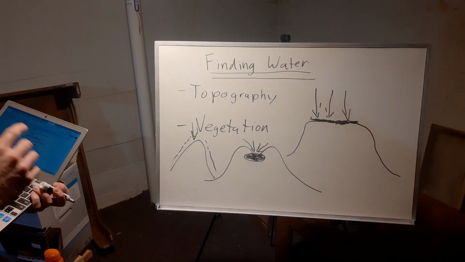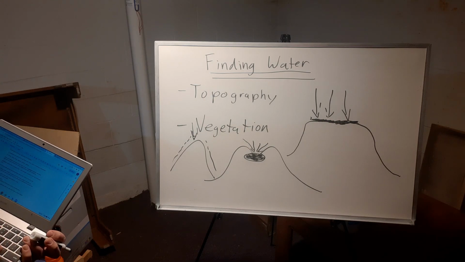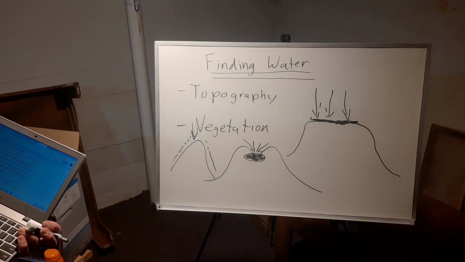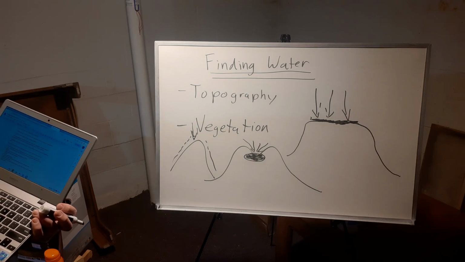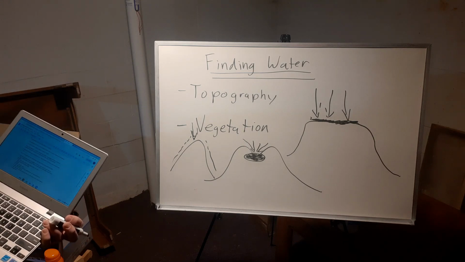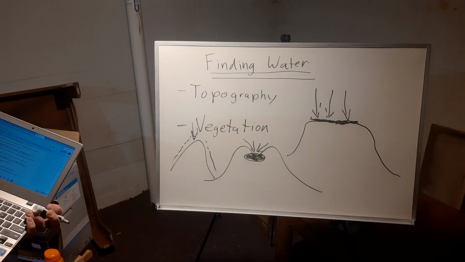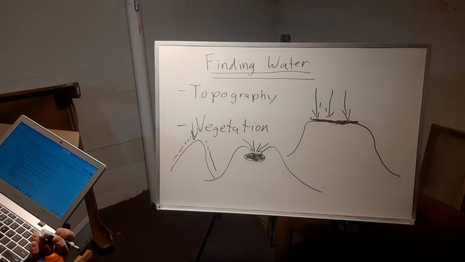Another thing is small depressions that are created by natural forces such as uprooted trees, okay? Trees are constantly falling in the forest. So when these trees fall over, they leave a giant depression in the ground and water will naturally collect in those uprooted areas where the trees fell over, where the roots were.